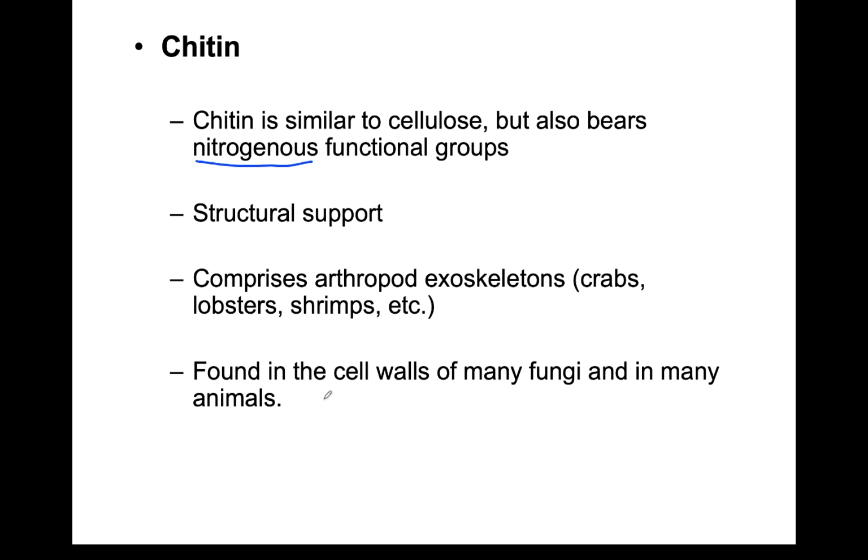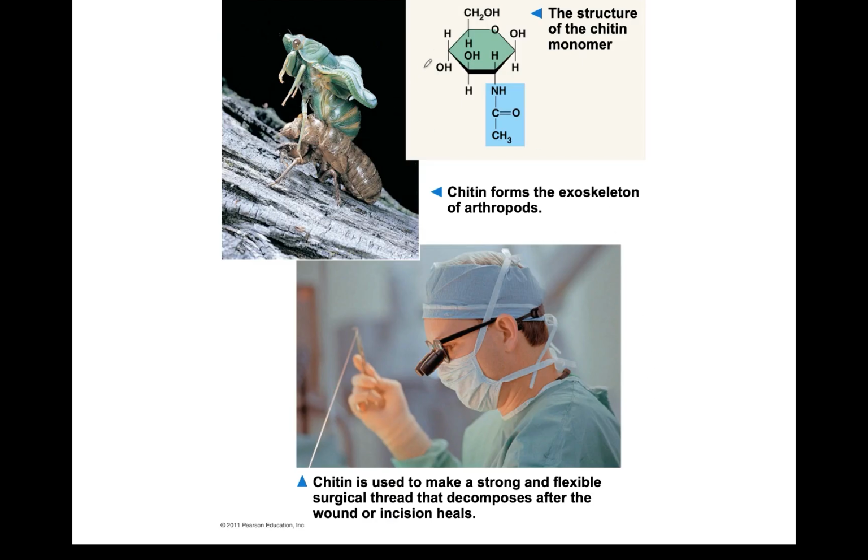Chitin can be found in the cell walls of many fungi and in many animals also. When you look at this chitin structure, you can see this nitrogen group. Some insects, lobsters, and crabs have a very hard external surface. We call that the exoskeleton, and it is composed of chitin.